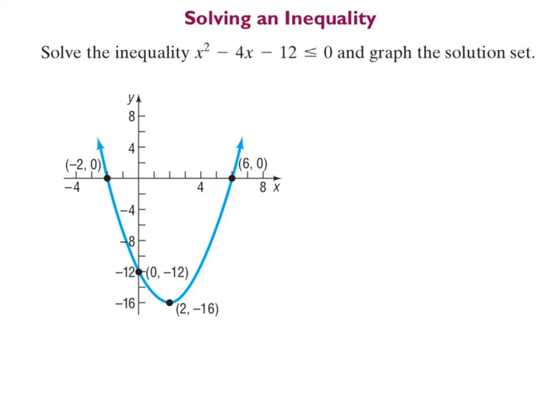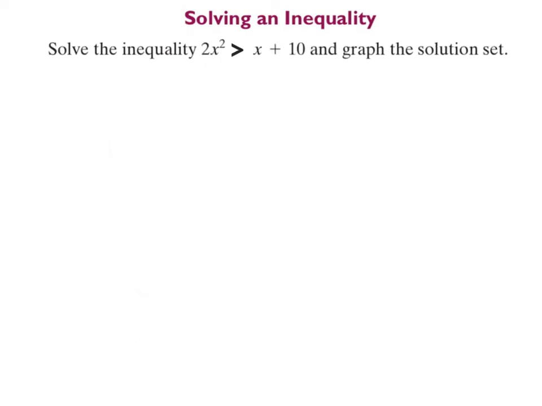So here's a better looking graph than mine. But we can also see where this function exists below the x-axis, including the x-axis and below. So it starts at negative 2, it exists all the way from negative 2 until we get to 6. And we'll also include 6, forgot to mention that.